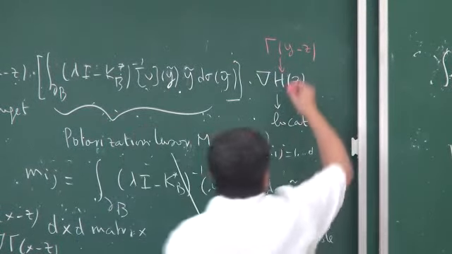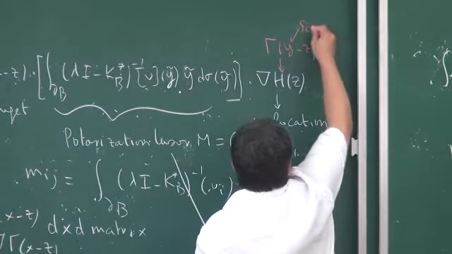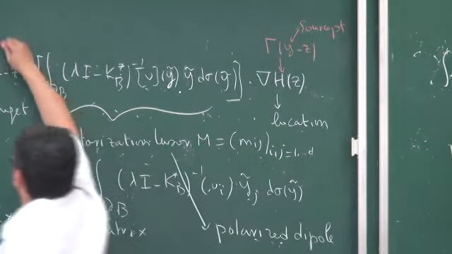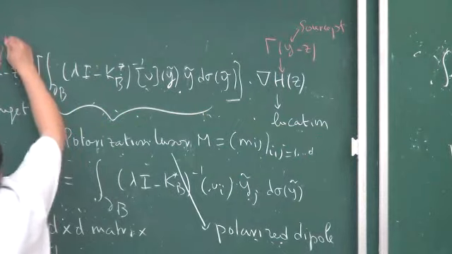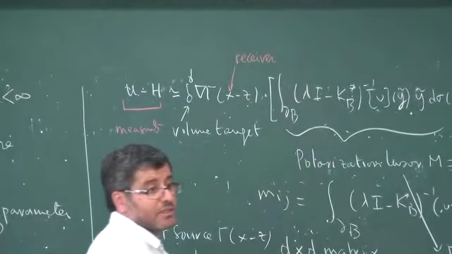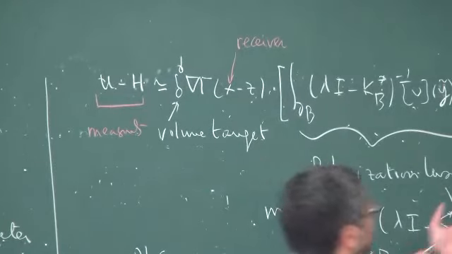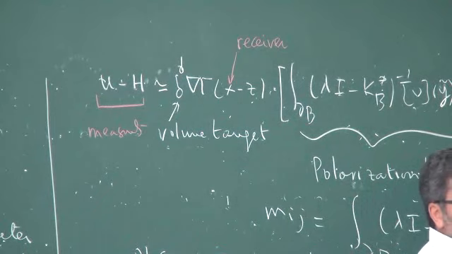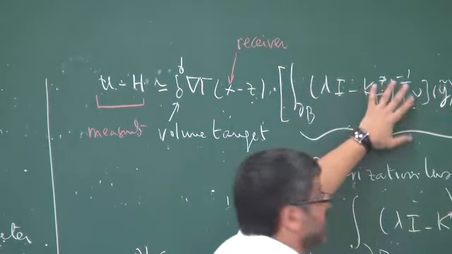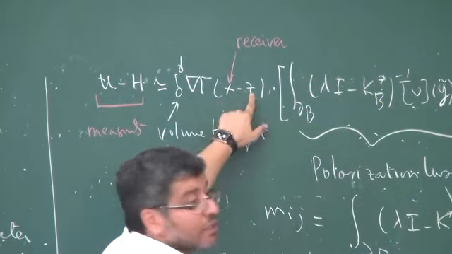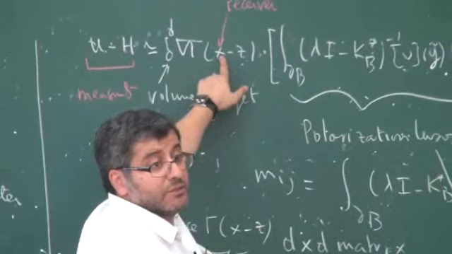Y is the source point, the transmitter, and x here is the receiver. So you have the gradient of the Green function from the source point to the location of the target, and then polarized by this matrix, and then from the target to the receiver.